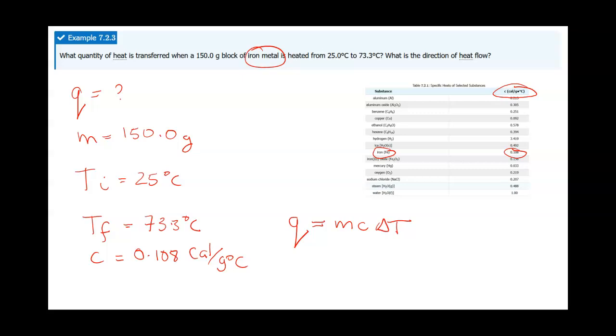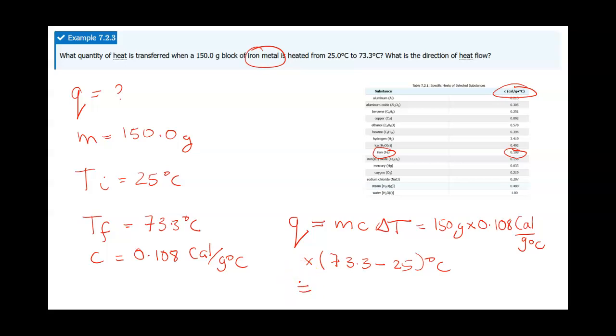So let's go ahead and calculate Q now. Q equals our mass, 150 grams, times our heat capacity, 0.108 calories per gram per degree Celsius. And then finally, we have to multiply that by the change in temperature, which is always our final temperature minus our initial temperature, and that's in degrees Celsius.